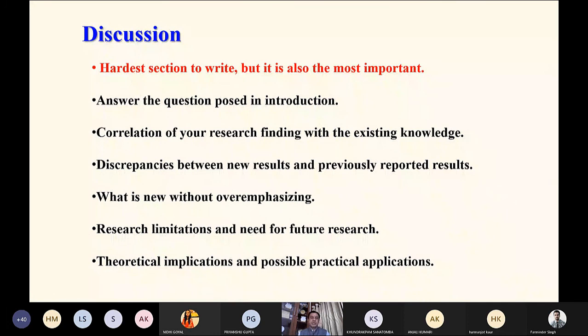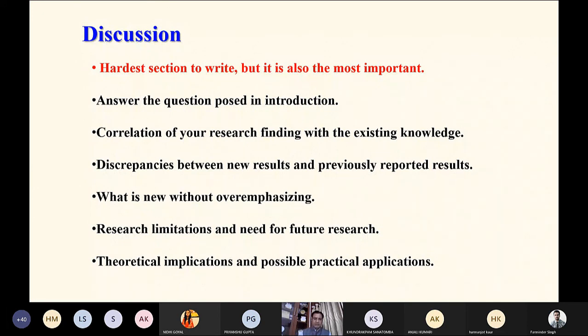But when we write this discussion part, we should avoid using facts and figures. We have to clearly indicate the findings. Only the text we have to write. We should not use different numbers, facts and figures when we write the discussion part.